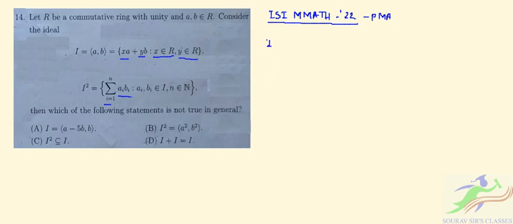So we have been given that I is the inner product of a comma b, which is a subset of R, and this is an ideal.